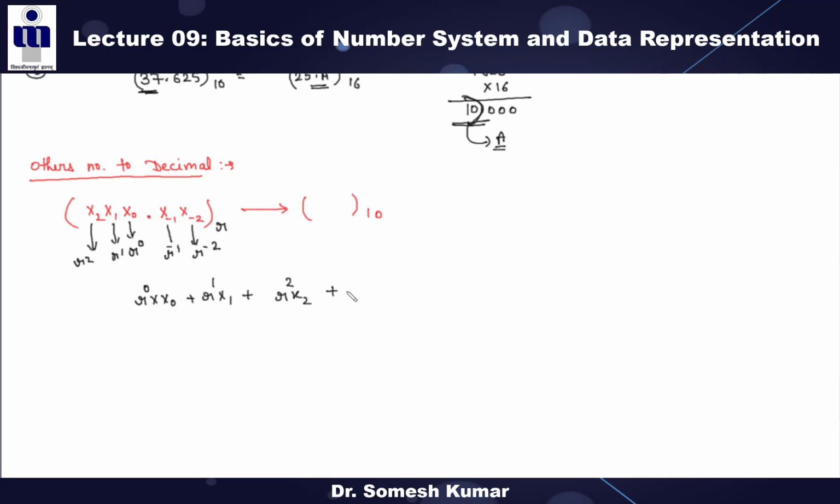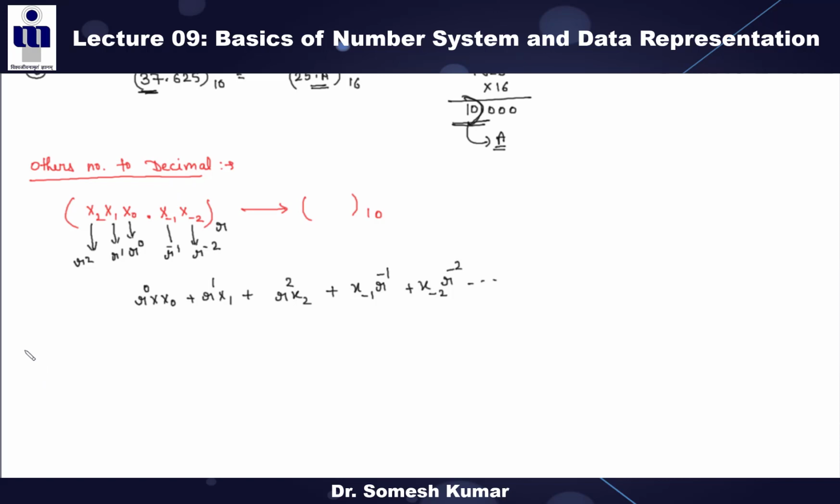Then plus X minus 1 with R minus 1 plus X minus 2 with R minus 2 and so on, right? This is the way here to convert other numbers to the decimal method, right?